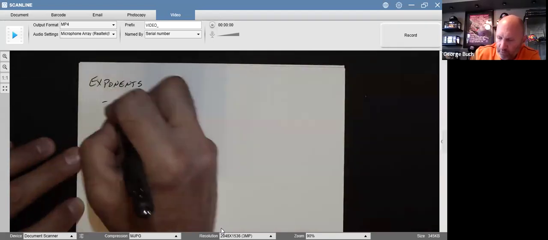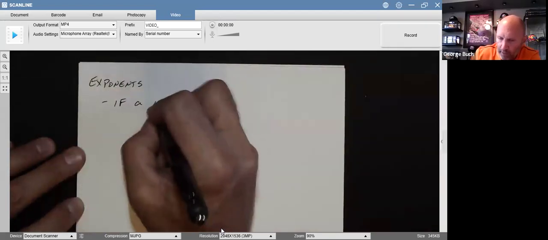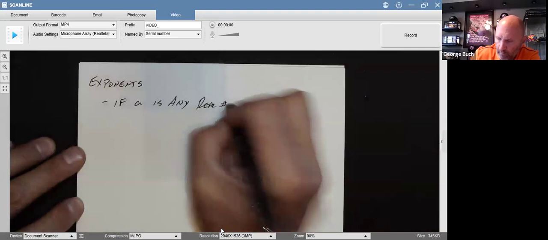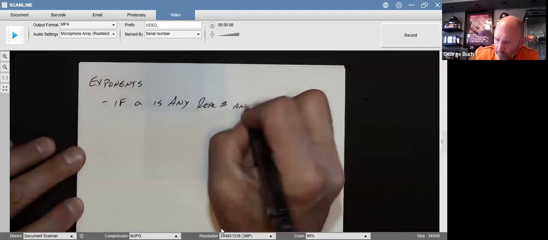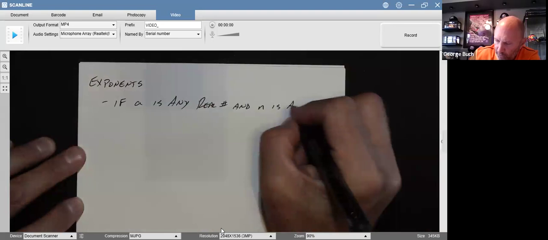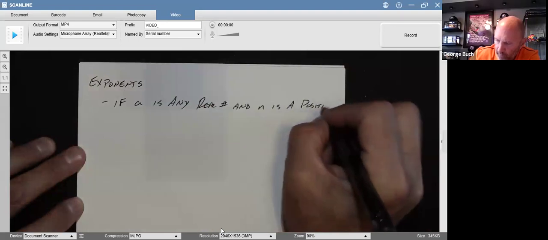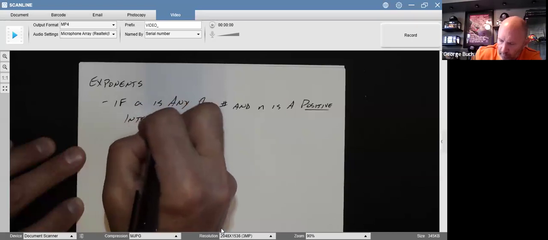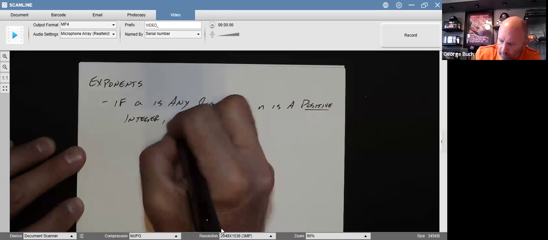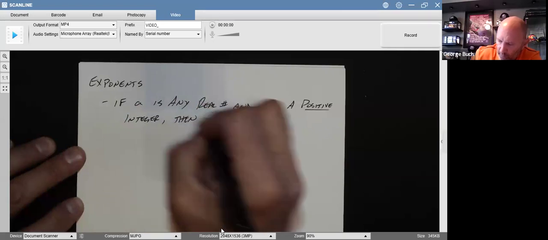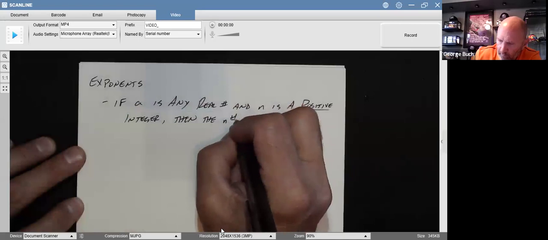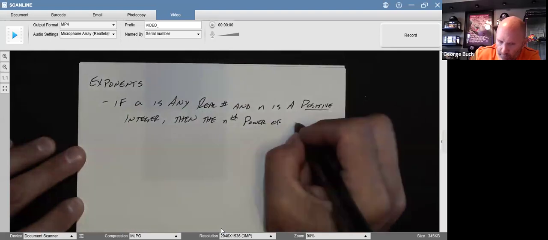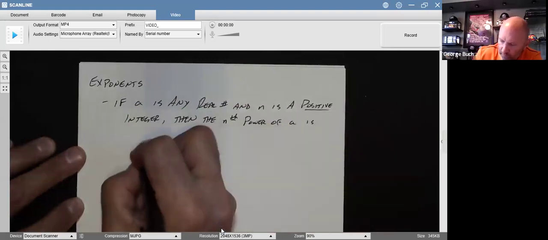So we have the definition that if A is any real number and n is a positive integer, then the nth power of A is notated as such.